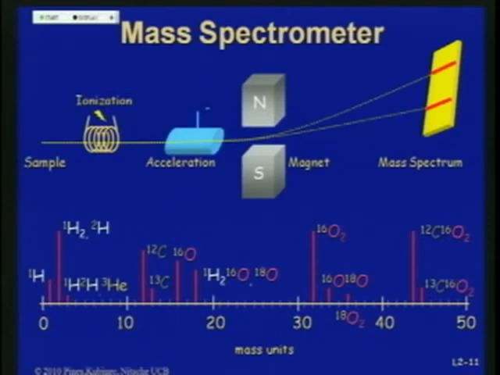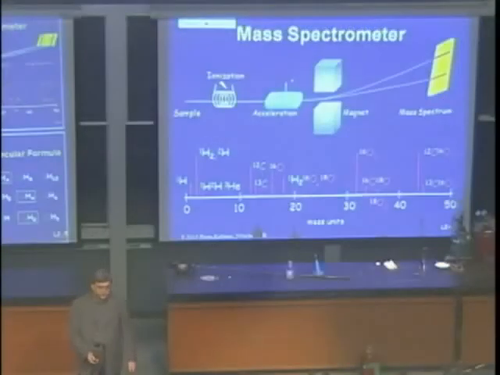Now CO2: the mass of carbon is 12, the mass of oxygen is 16. 2 times 16 is 32, plus 12 must be 44. 1, 2, 3, 4. Yeah, I did it right. 44. Now, if you have carbon 13 and oxygen, you can have CO2 with carbon 13. This would be mass 45. So you get the hang of it? Yes? All right. So we can determine extremely small fractions of masses with mass spectrometers.